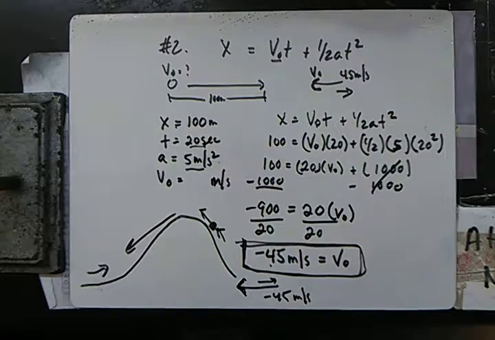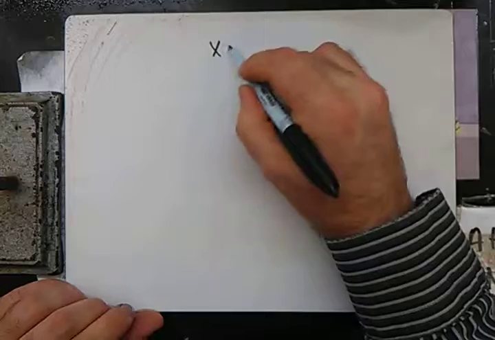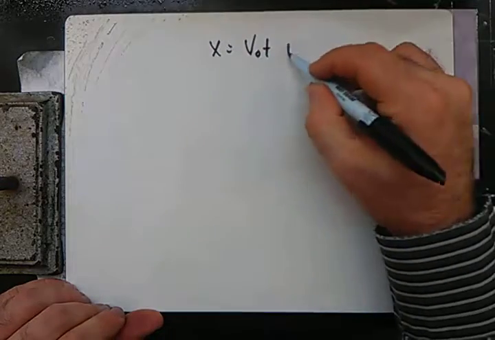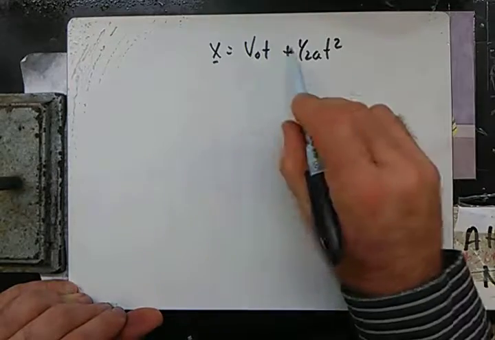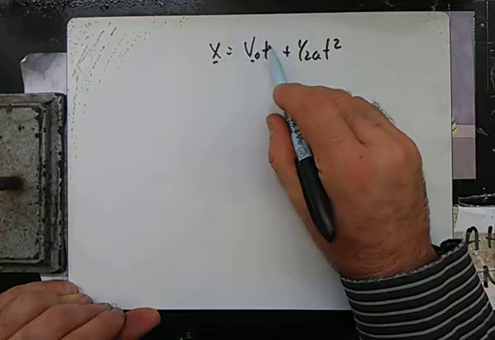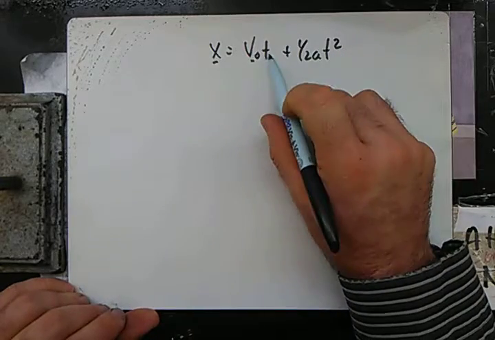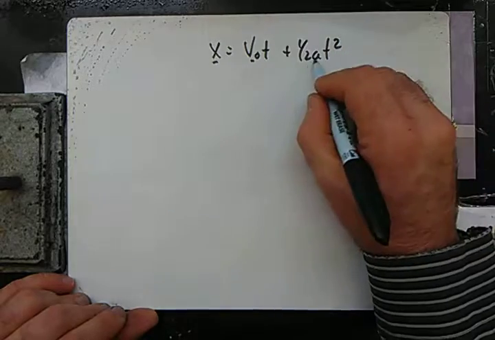Okay, again, looking at that second formula, x is v naught t plus half a t squared. We went ahead and solved for this and this. In this one, we're not going to solve for t because it's very difficult. It's a calculus type thing. But we are going to solve for a.